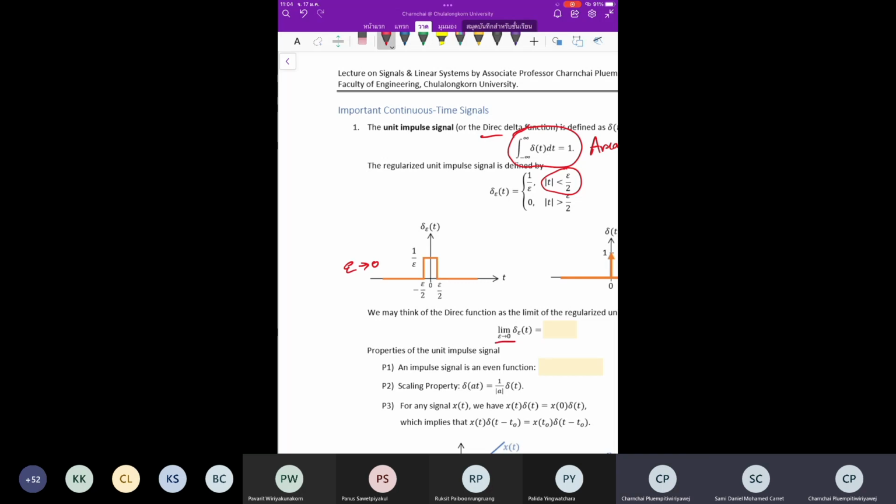If I take the limit as epsilon goes to 0 of this delta function, you can see that the width here is getting smaller and smaller. But the height has to be what?